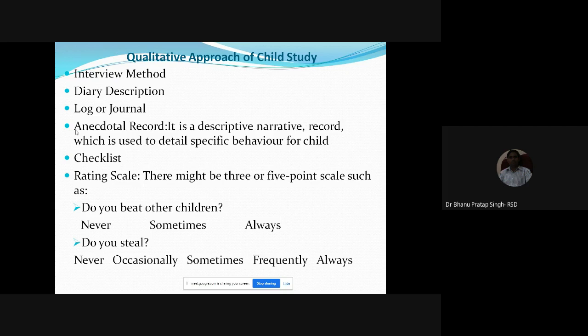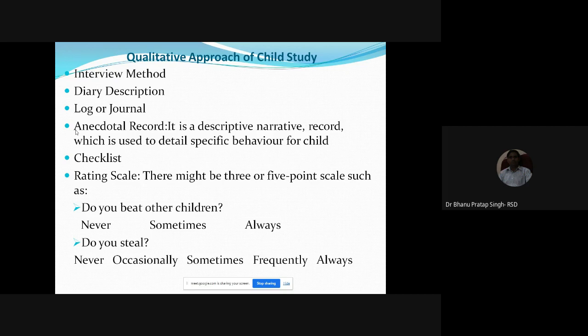Next is diary description. You must have seen in your school there is a diary system, and the teacher writes some important things about the learning of the child, about the problems of the child, and based on diary descriptions, the outcomes come out, which may be the reason for slow learning of the child, and that may be the remedy.